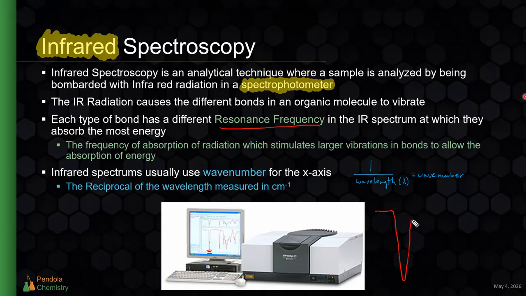So the energy is going to go down. It's going to dip. So when we look at spectroscopy, we're not looking at peaks. We're actually looking at troughs. We're looking at these deep dips in the spectrogram. And then as we hit new resonance frequencies, those are going to dip again as the energy is being absorbed. So we can see these upside down peaks as energy being absorbed in the IR spectroscopy.